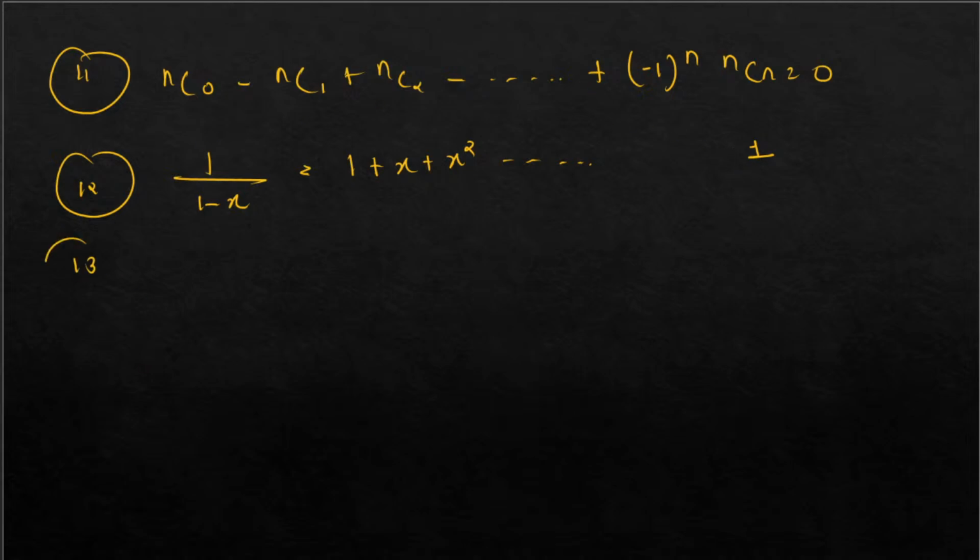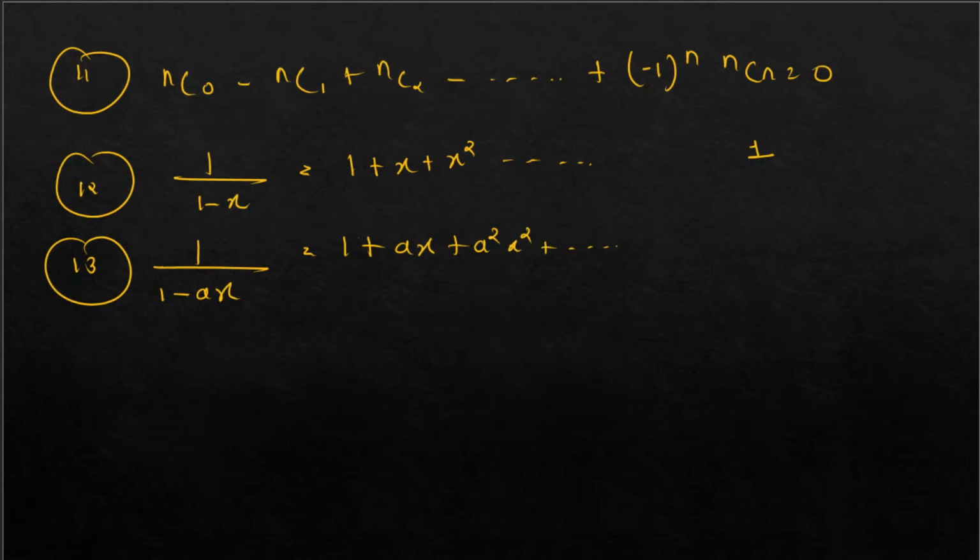Now let's see the next one: 1 over 1 minus ax. So this comes out to be 1 plus ax plus a square x square and so on. So the coefficient is a to the power k.